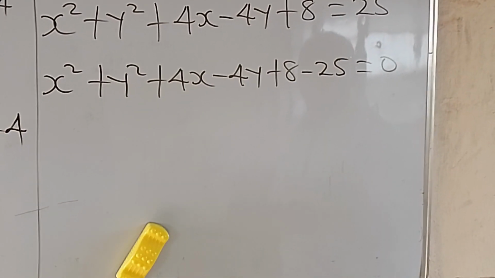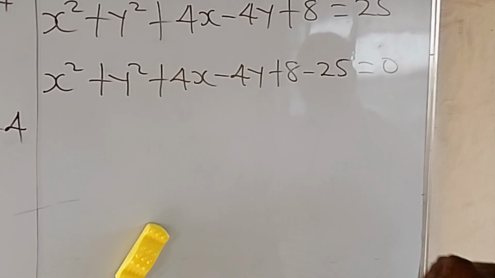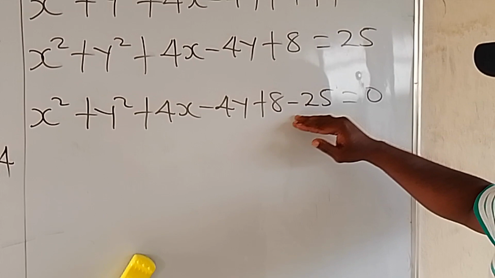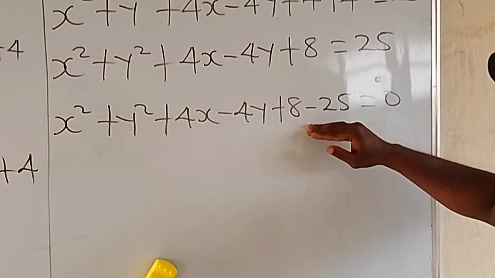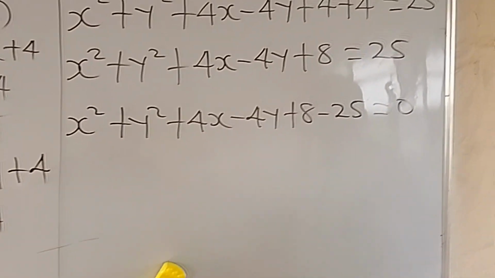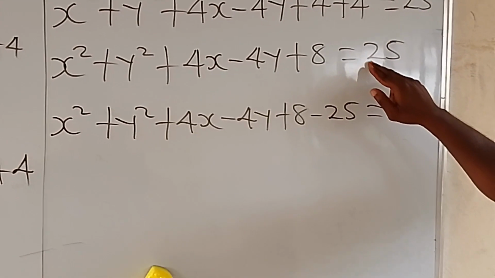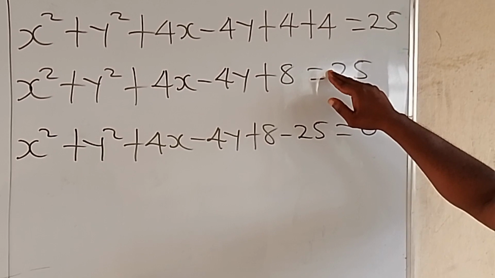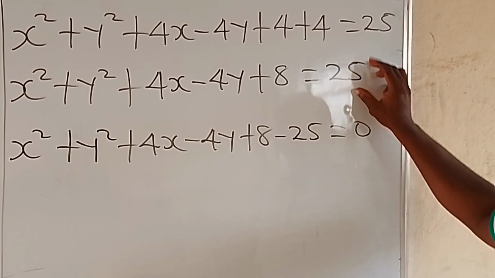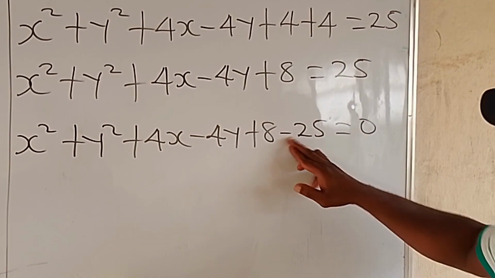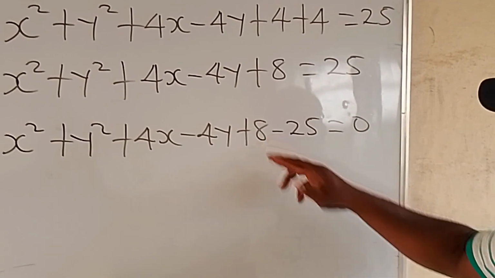I know very well that some of you might be confused. Note that here is plus, true or false. If 25 crosses the sign of this equality to this left hand side, it will now give us minus.